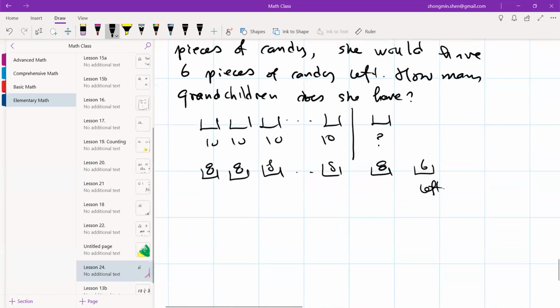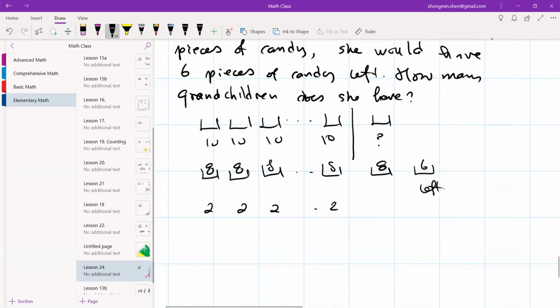All right, so each time, imagine you have two extra left when you distribute among them, right? 8 pieces of candy each time. So you have 2, 2, 2. You compare with the above one, okay?